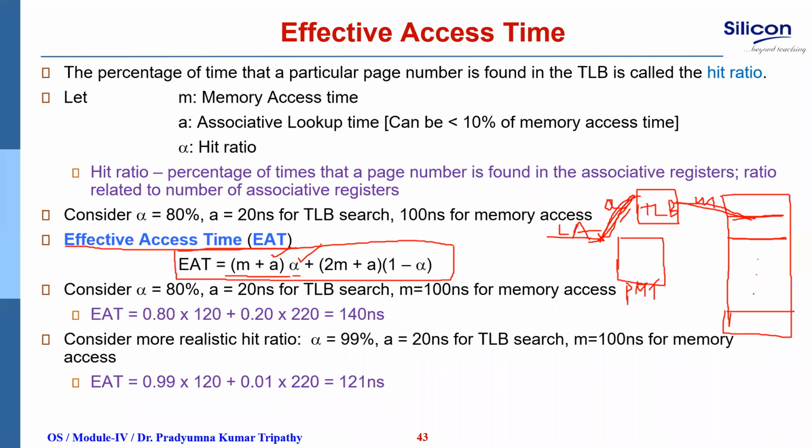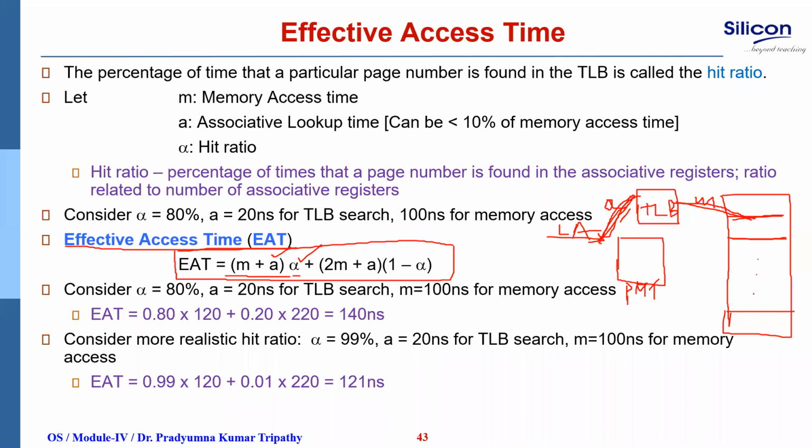A is the access time from the TLB, M is the access time from memory. So in total it will take M plus A, and this will be for some percentage of data, alpha, so we multiply into alpha.